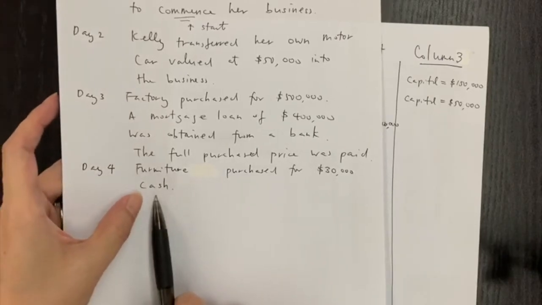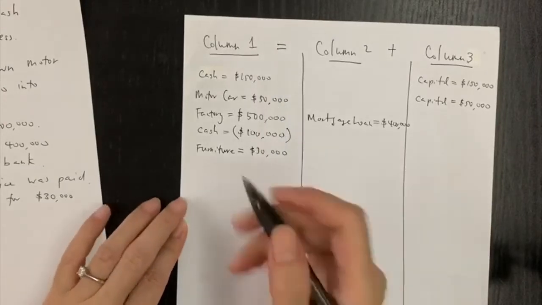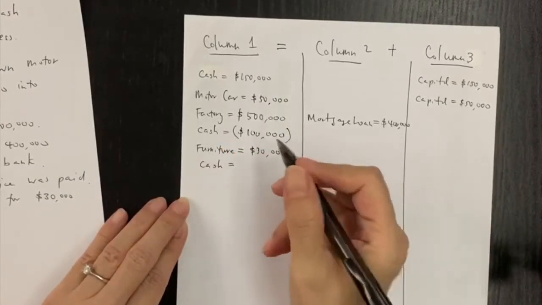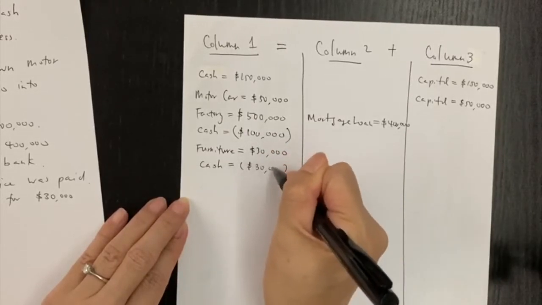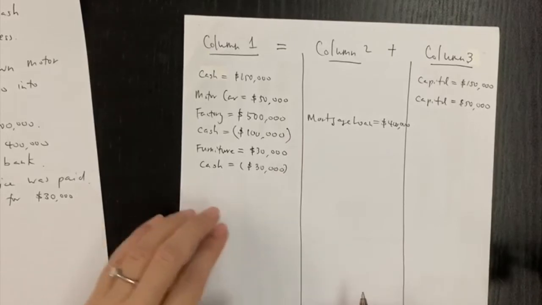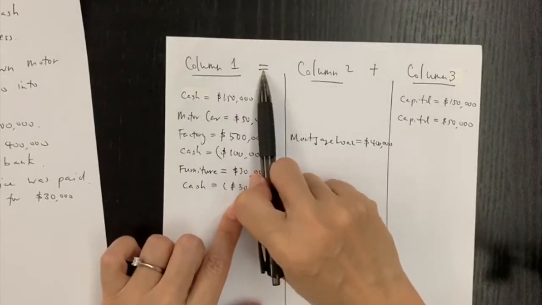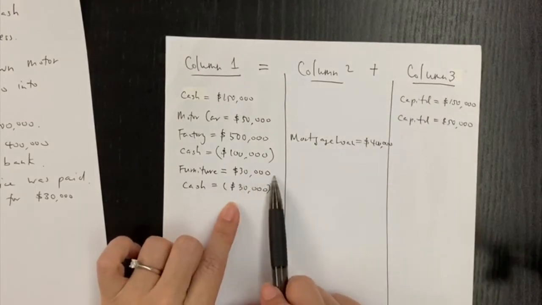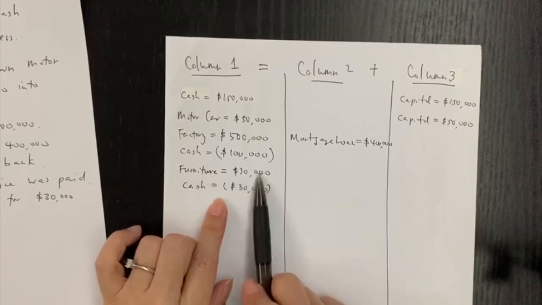Where to get cash here? We have cash in column 1. So what happened to cash? More cash or less cash after paying? We have less cash. I use brackets for less cash. Okay, so let's check whether we can still maintain that column 1 is the total of 2 and 3. Here is 30,000 minus 30,000. So therefore, what happened? Nothing, 0.